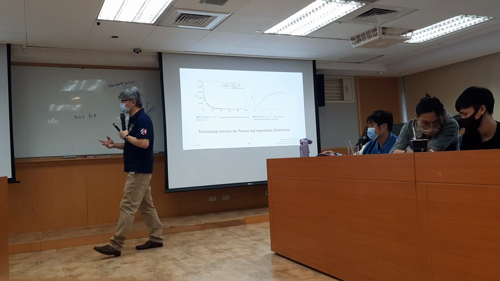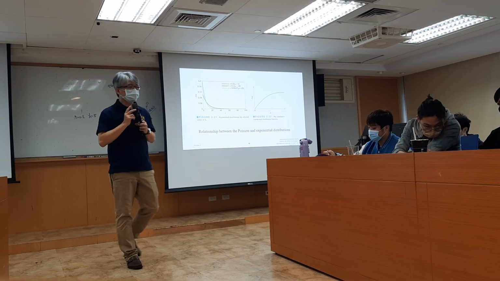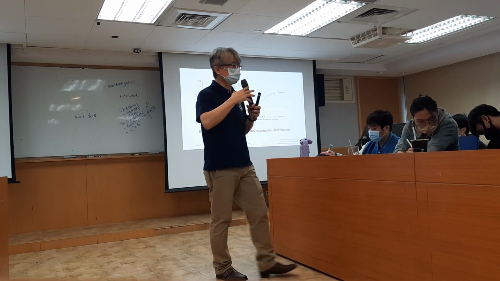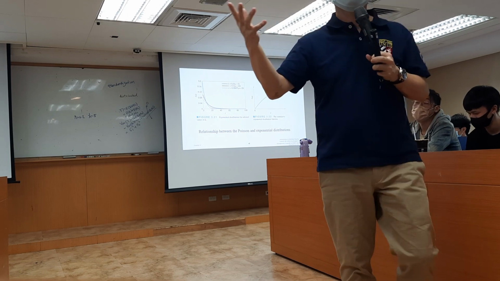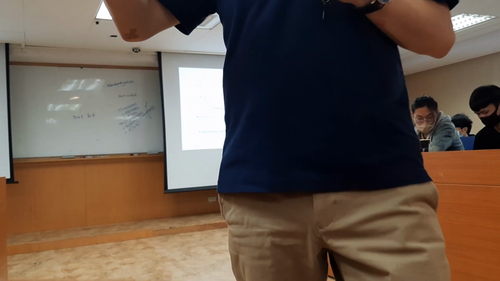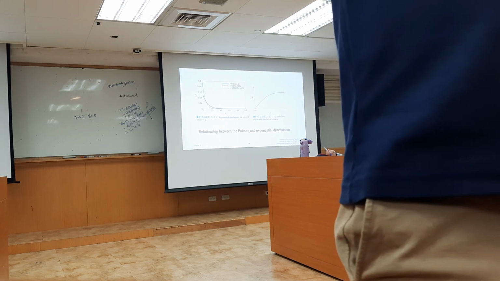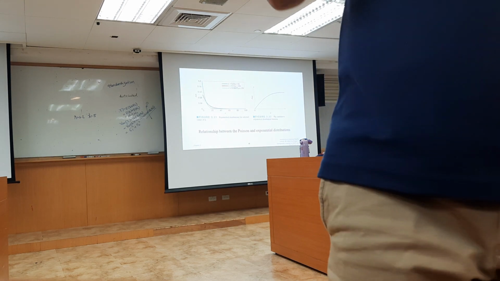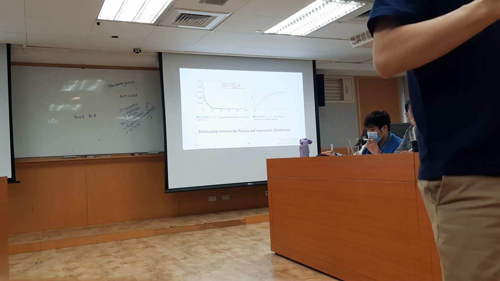So, the relationship between the Poisson distribution and the exponential distribution. The exponential distribution is used to characterize how long a component is going to survive. On the contrary, the Poisson distribution describes, in a fixed time interval, how many failures will occur.